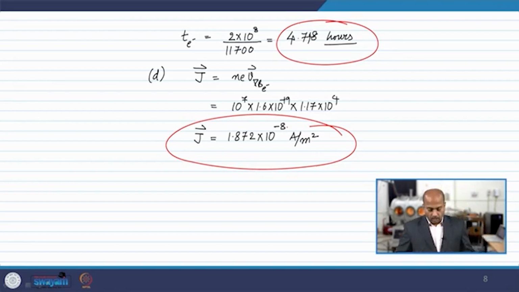Plasma physics is a highly mathematical course, and the objective of this course is also to develop problem solving ability in all the students. I think this problem will be a very fine example of how we can arrange all the various physical variables that we need to solve a numerical problem.